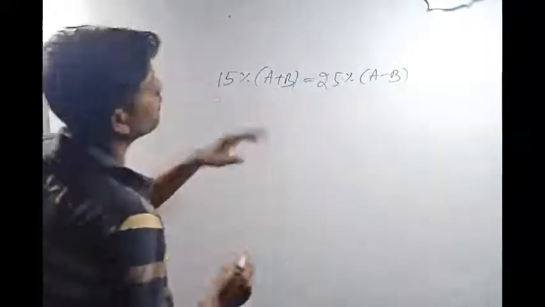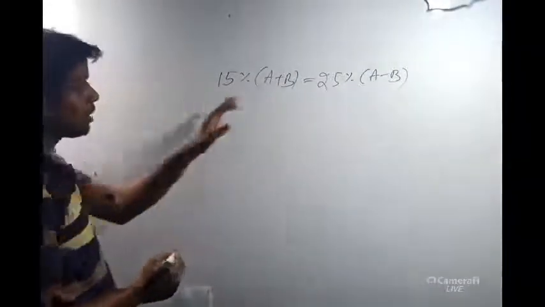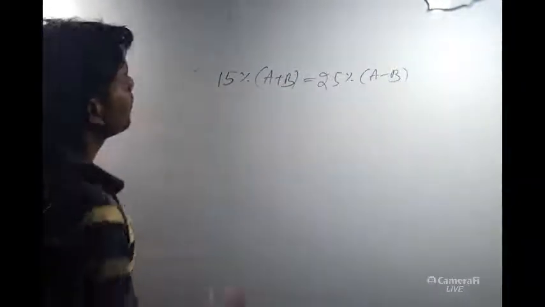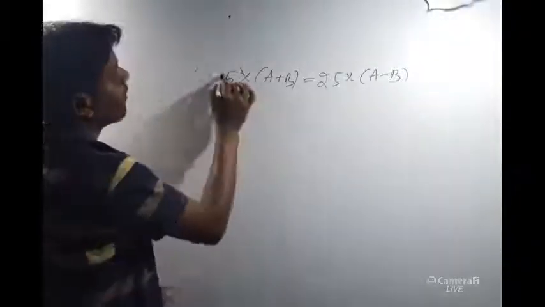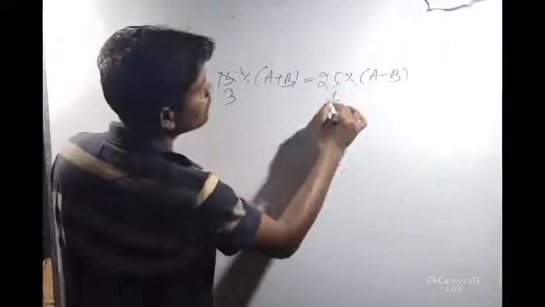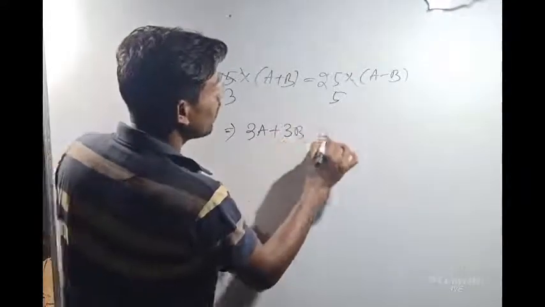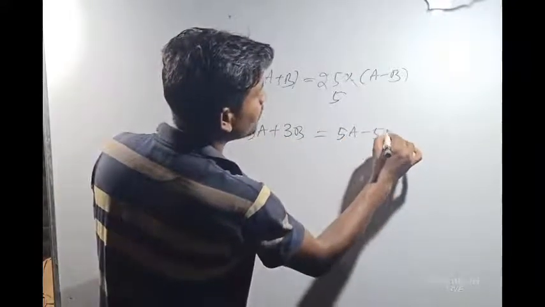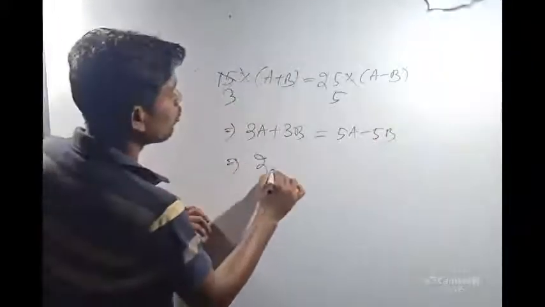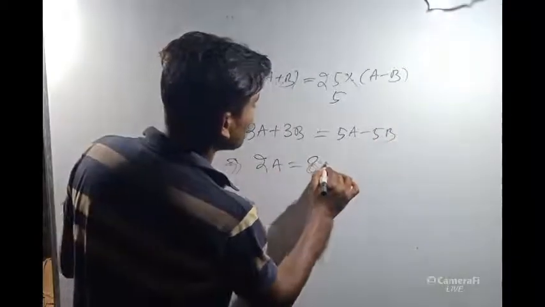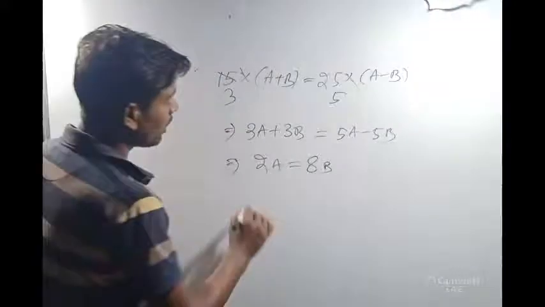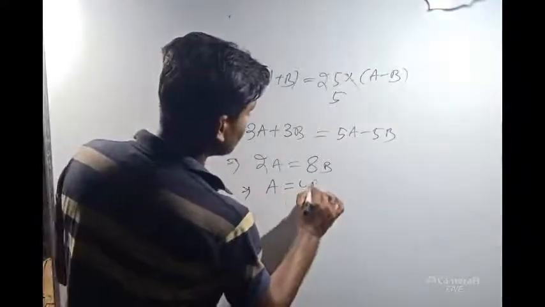15% of a plus b equals 25% of a minus b. Then percentage is cancelled, and 5 is cancelled. This is 3 and this is 5. Then this can be written as 3a plus 3b equals 5a minus 5b. Then 2a equals 8b, so a equals 4b.